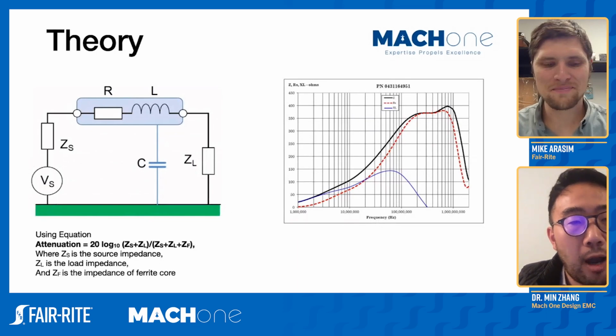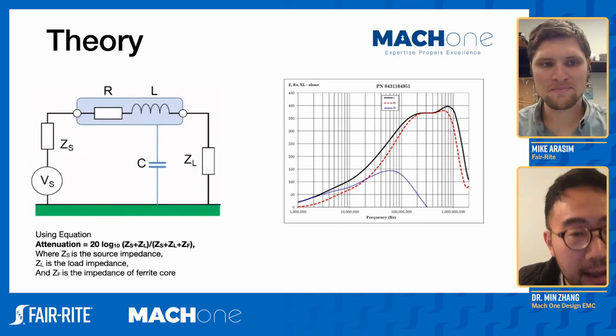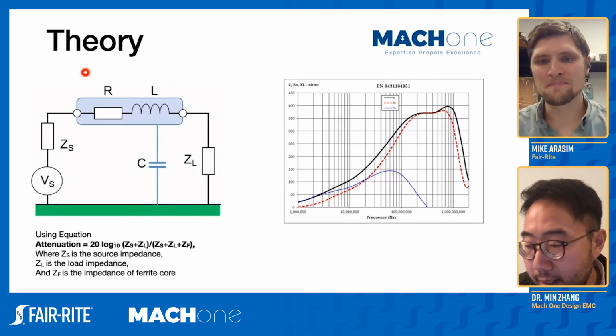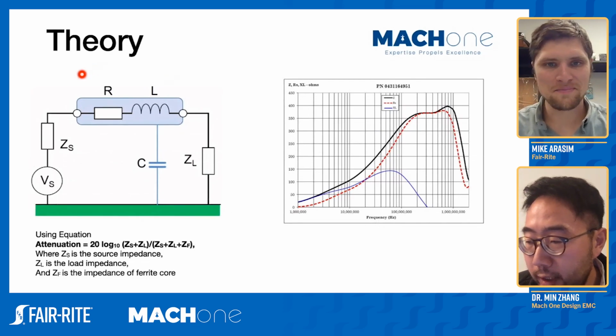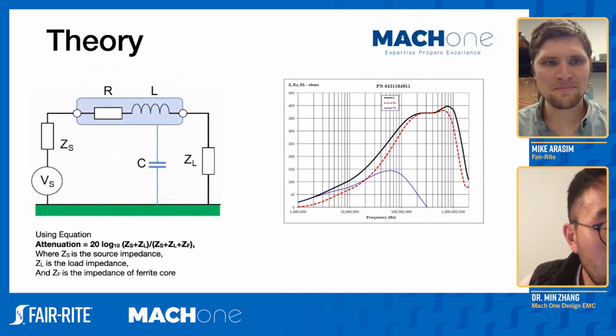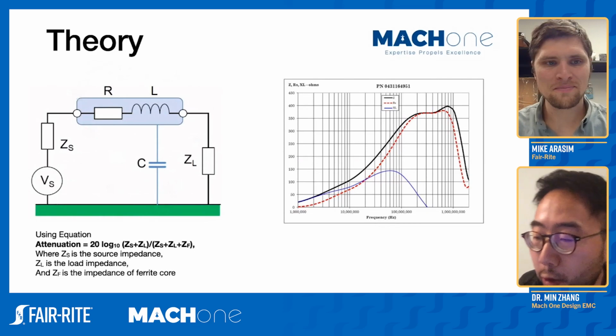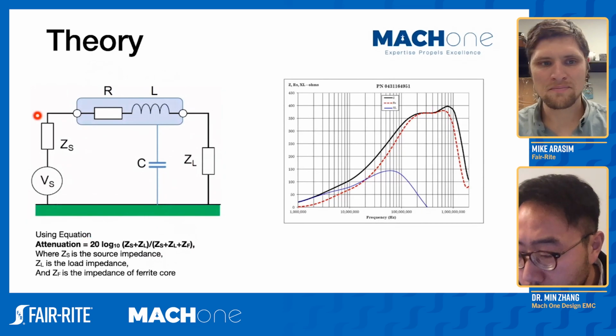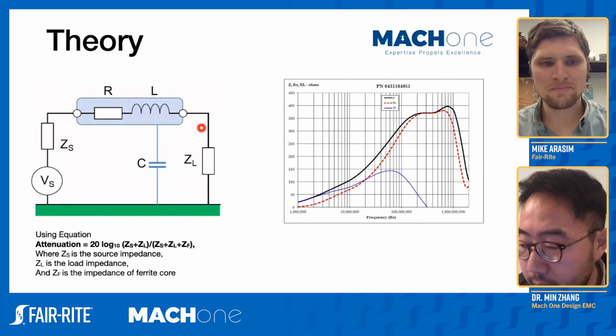And I guess the answer really is it depends. As you can see in this slide, if we treat this RLC as a simplified model for our ferrite core material, then the attenuation based on this equation really depends on the source impedance and the load impedance.